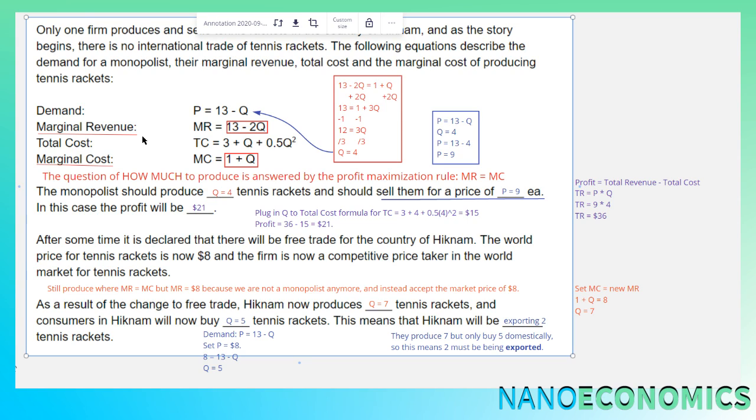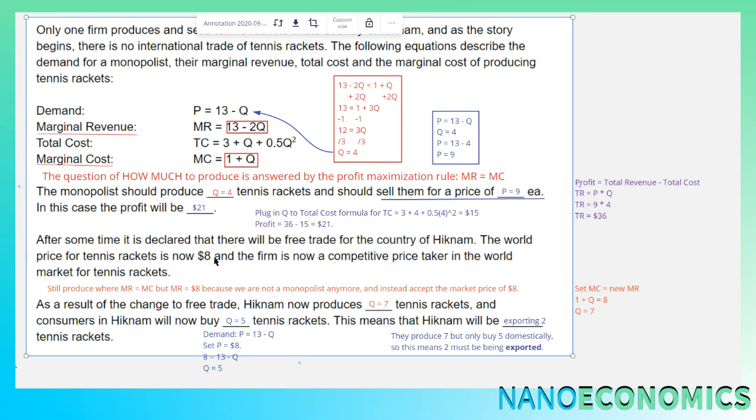And then after looking at it in a no trade domestic situation, we looked at what happens when the world price is lower than the price that we were selling it for before we were trading freely. So we used to pay $9 for our tennis rackets.